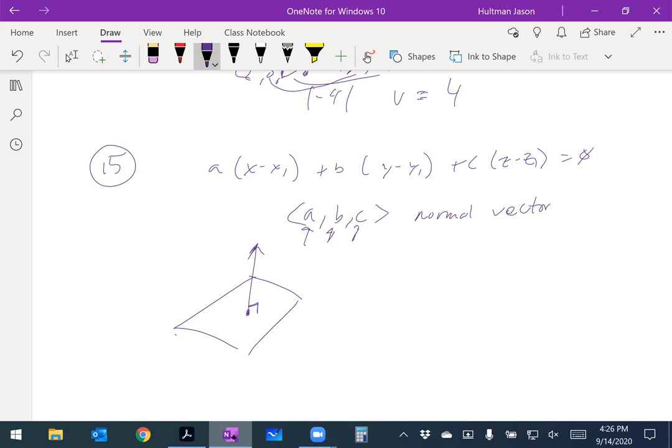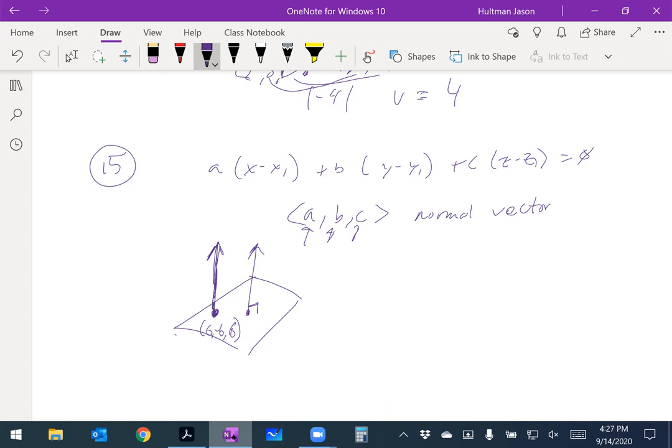Now I'm going to take the tail of that vector and move it over to a certain point on the plane. And that point on the plane is 6, negative 6, 6. So I'm taking the normal vector and putting it through this point. Does that help?